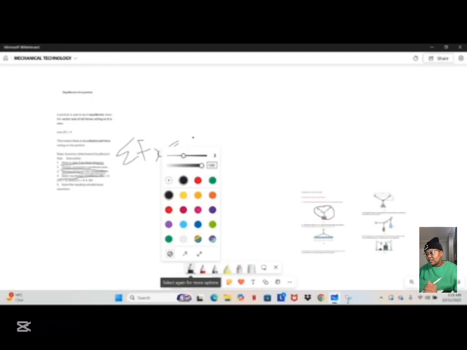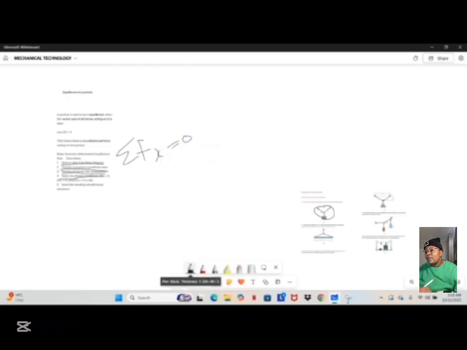F of x, F of y, or even F of z if we have F of z. If ever we're given F of z, we should always know that the sum of F of x is equal to 0.